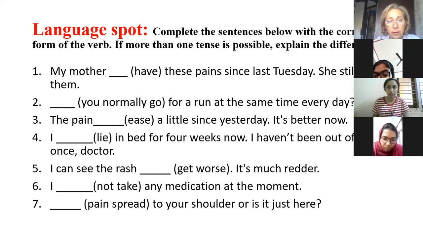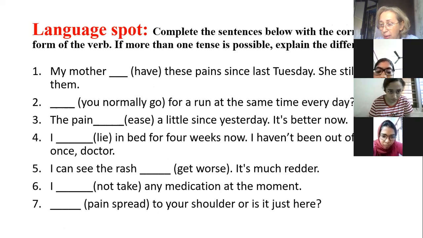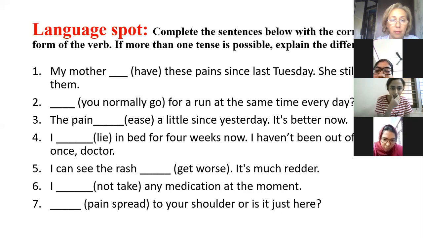So the first sentence, we have to use the verb to have in the correct form, and let us listen to Shaji. Is Shaji here? Yes, ma'am. So read it. My mother dash have these pains since last Tuesday. She still has them.